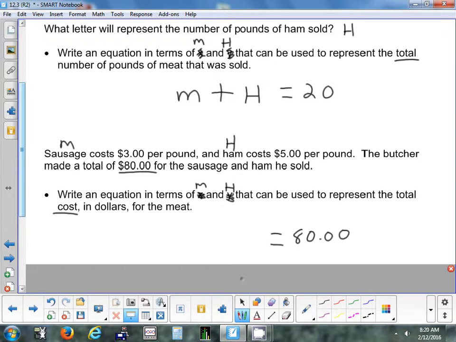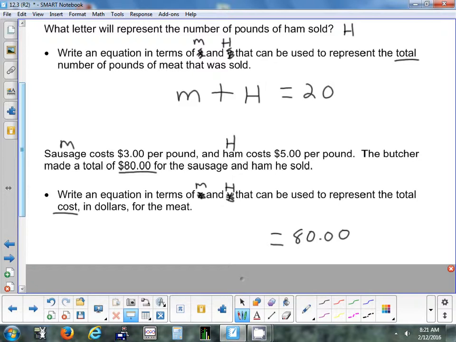All right. So now, sausage costs $3 a pound. Let's just try an example. If he sold 1 pound of sausage, how much money would he have gotten from that? $3. What if he sold 2 pounds of sausage? How'd you get 6? What'd you do with 2 and 3?